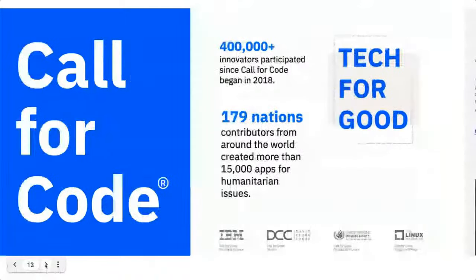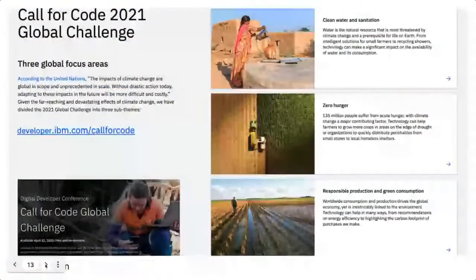So for our challenge for 2021, we have 3 global focus areas. According to the UN, impacts of climate change are global, and they're reaching an unprecedented scale. Without doing anything today, the future is looking more and more difficult and costly as we move forward.